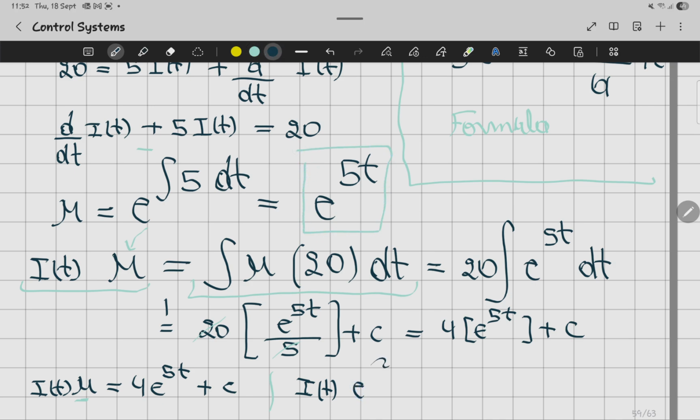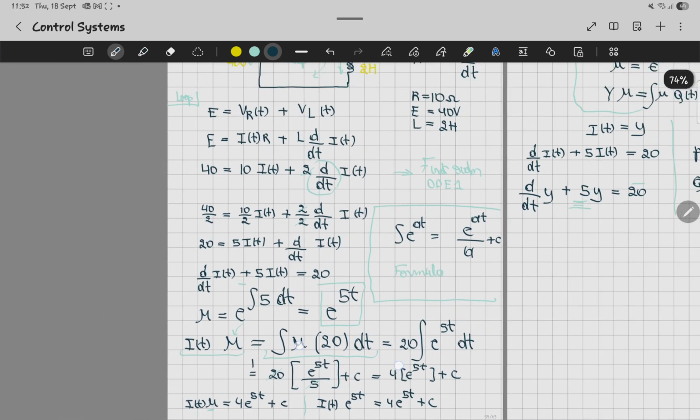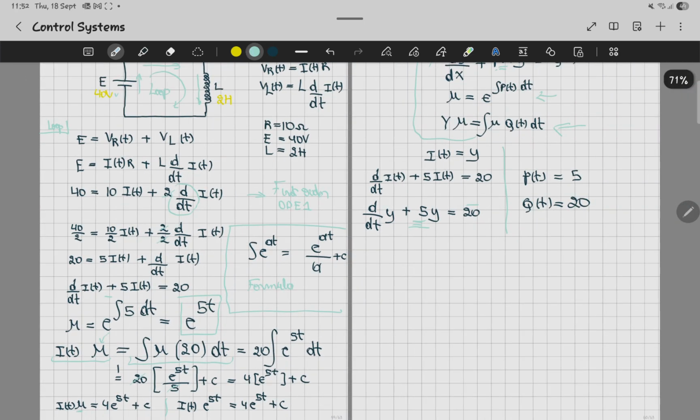It's going to be y times e to the 5t equals 4 e to the 5t plus c. Since I don't have enough space, I'm just going to copy the last two equations to this side, so then you should be able to see what is going on.